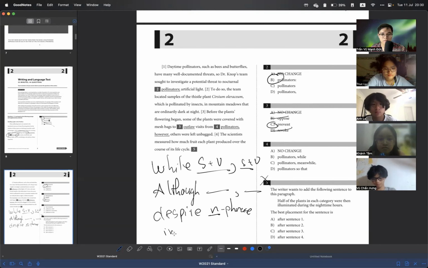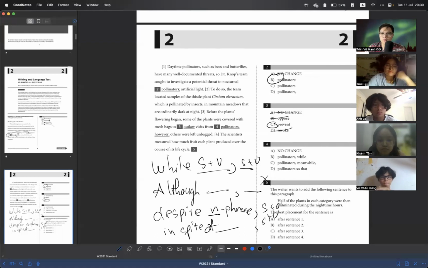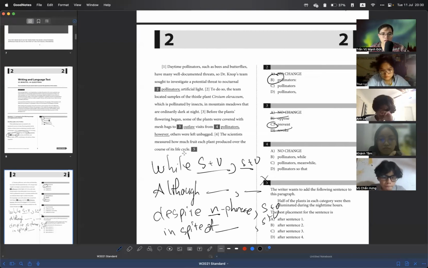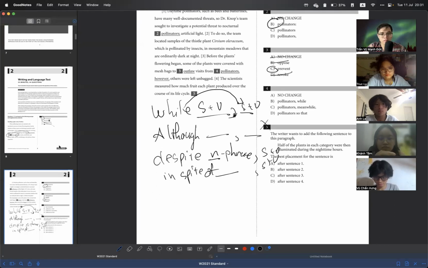The same is in spite of, a noun phrase also, and a clause is S plus V. See? The next way is to remember the forms of some fixed phrases, for example while, although, despite, in spite of, when. So you can remember the forms. In this case, you can always change while to here and keep the comma. It stays the same. Just make sure the meaning of the sentences stays intact, or else you're wrong.